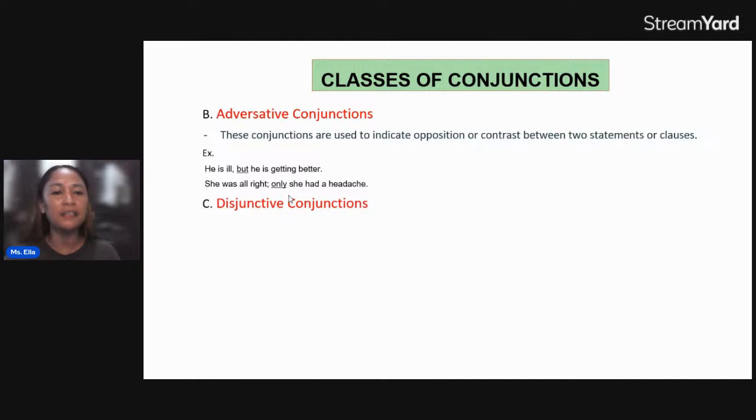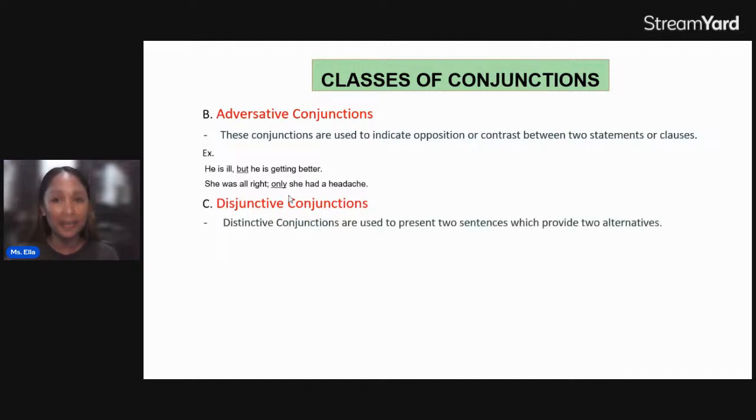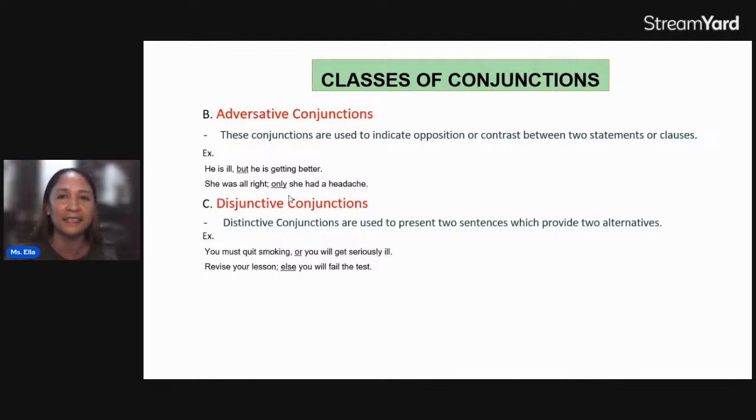We have here disjunctive conjunctions. Disjunctive conjunctions are used to present two sentences which provide two alternatives. Again, two alternatives. For example, you quit smoking, or you will get seriously ill. It's more like conditions, or you presented the consequences, right?